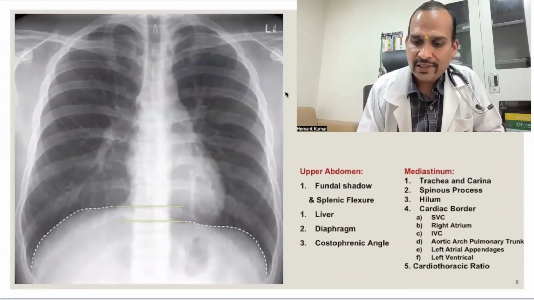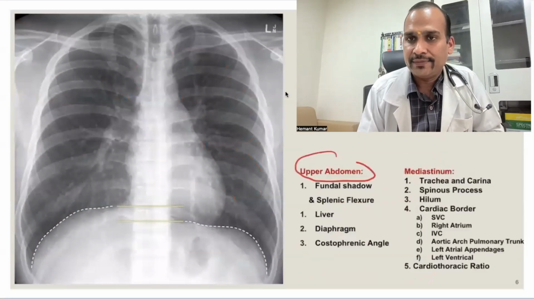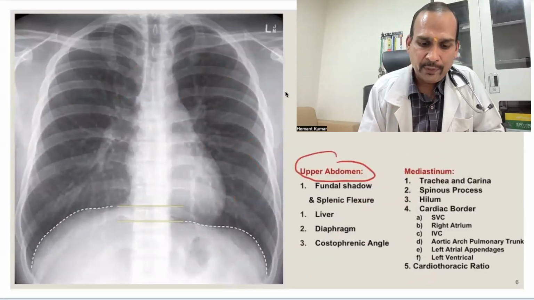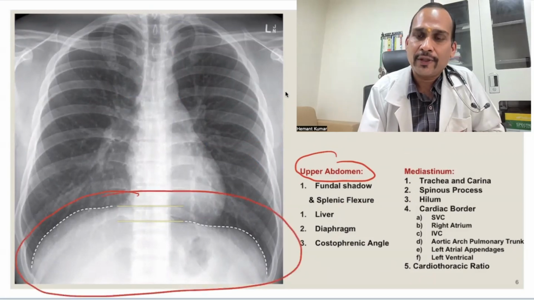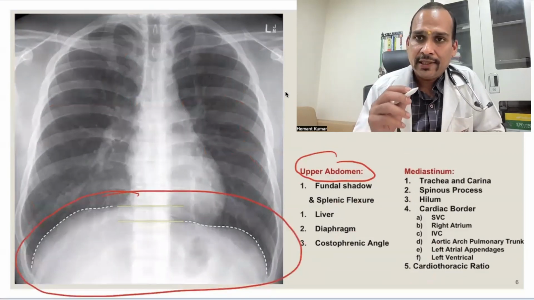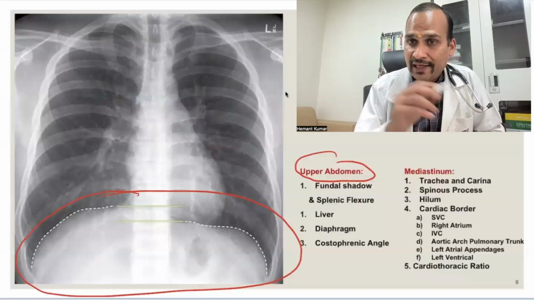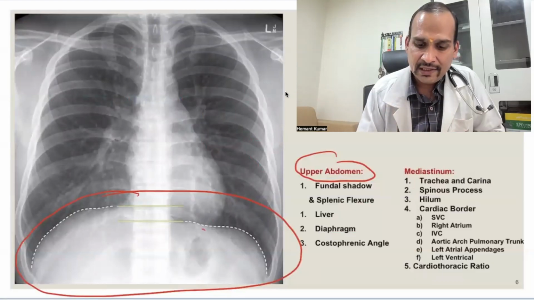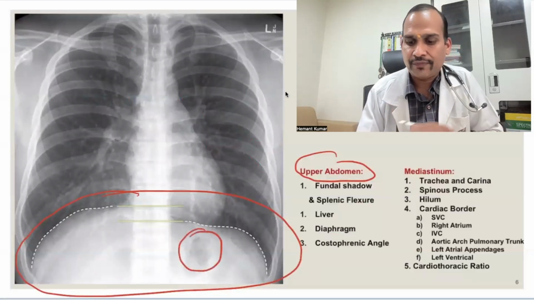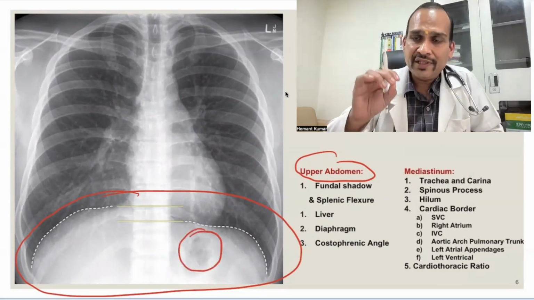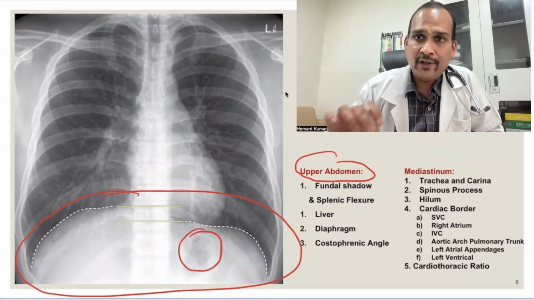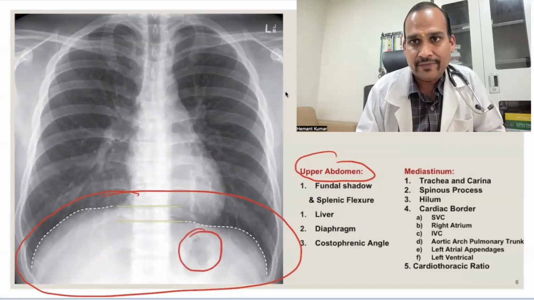As I told you, we should see a normal X-ray in four compartments. First, let's see the upper abdomen. I told you the upper abdominal part is the lowermost part of the X-ray. It has many things, but on the left side, you can see there is the fundus shadow. Fundus shadow means air in the stomach, and whenever there is air, it looks black in an X-ray.